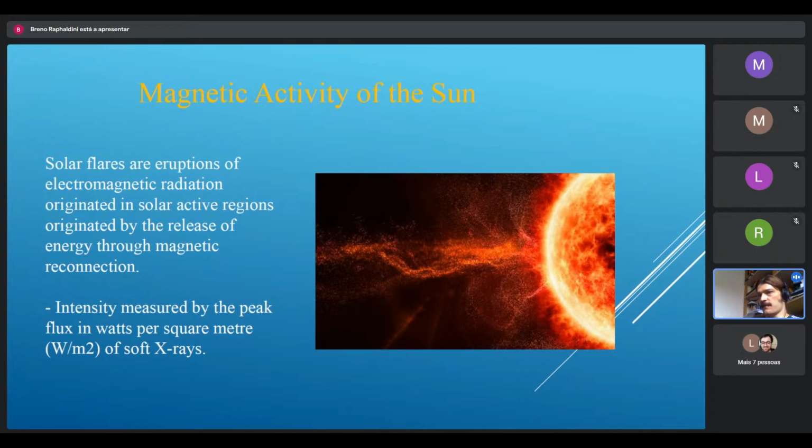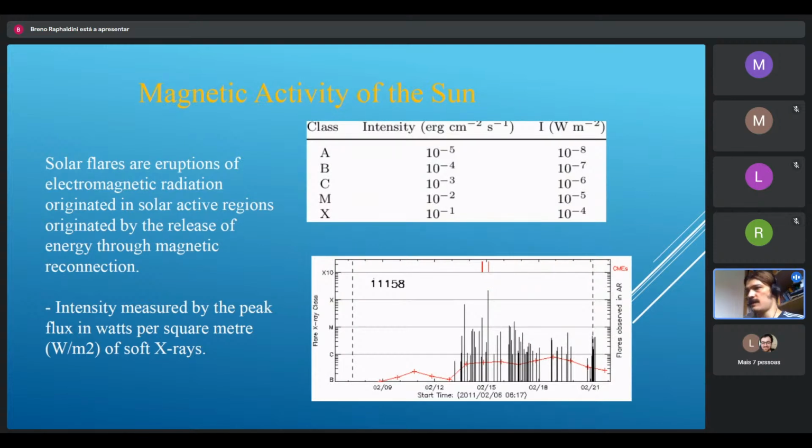The intensity of these solar flares is measured by the peak flux, measured in watts per square meter, and they are classified in five classes from A to X, A being the smaller ones and X the most intense ones. This classification is in log 10 scale.